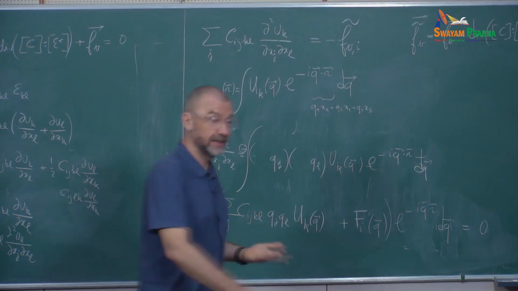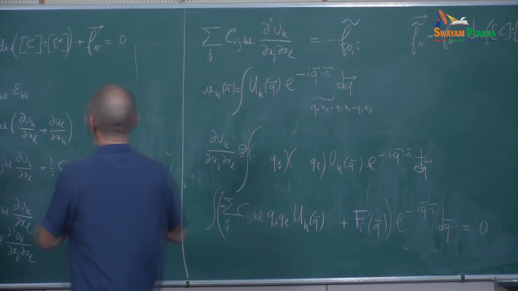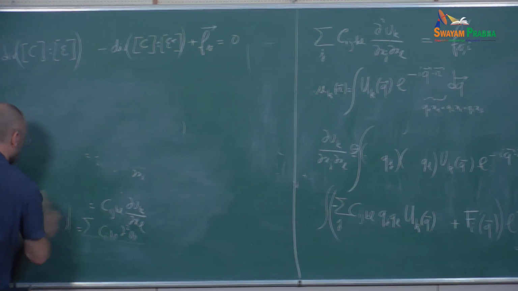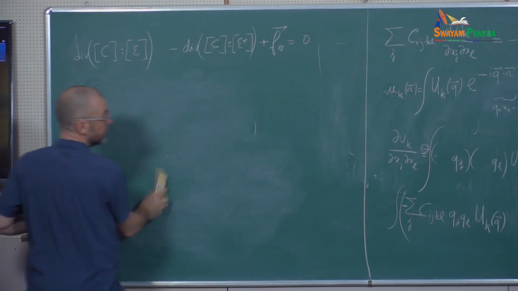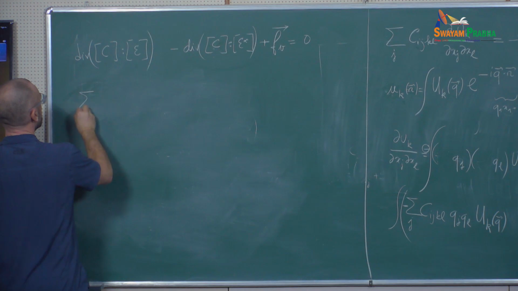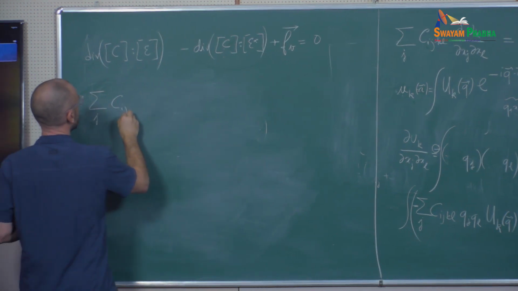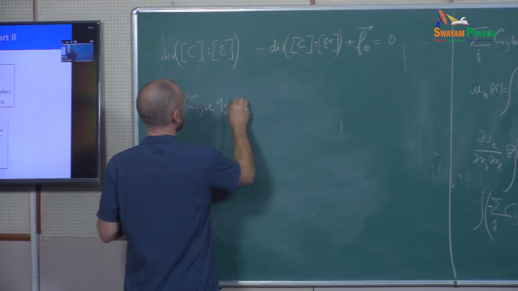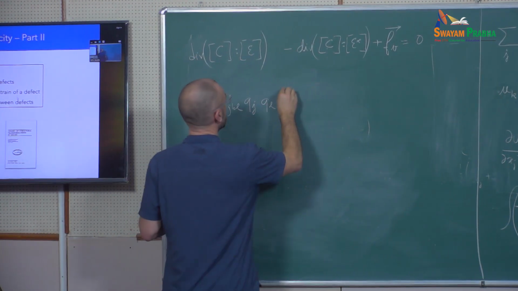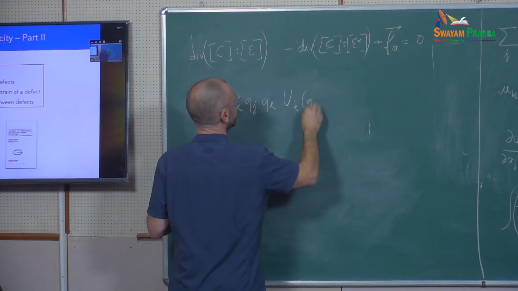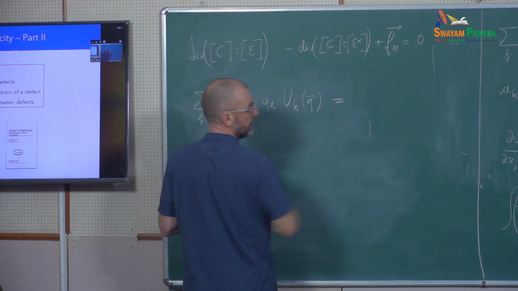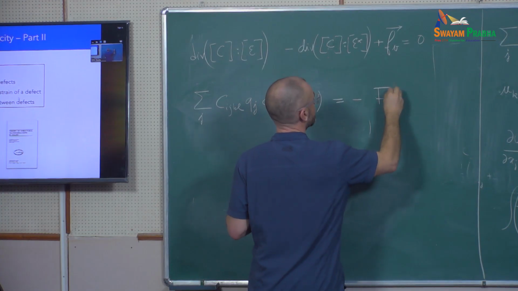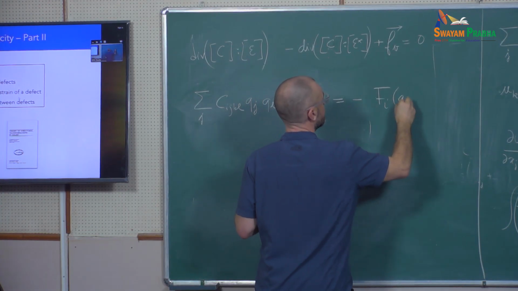So actually, mechanical equilibrium in Fourier space boils down to sum over j of Cijkl qj ql uk of q is equal to minus the Fourier transform of the body force in q.